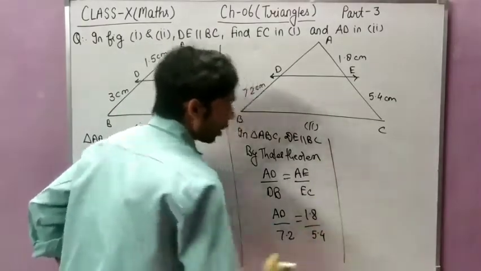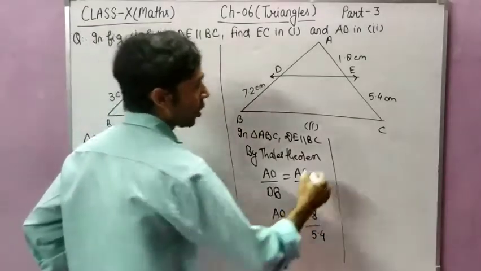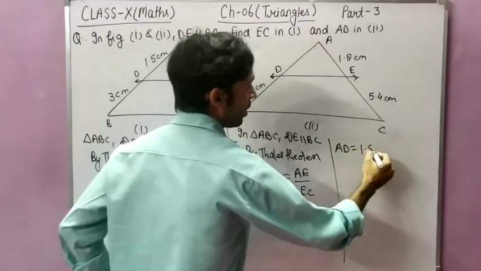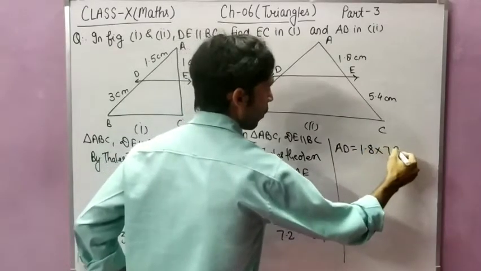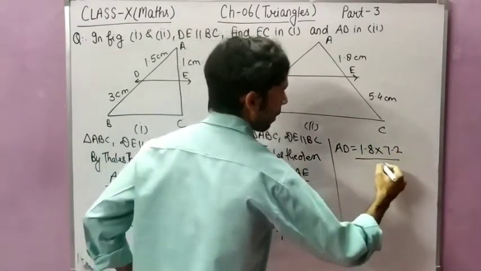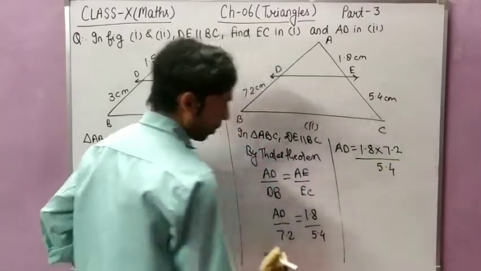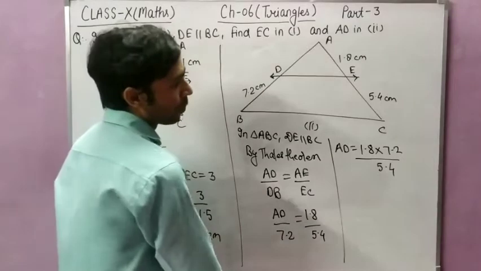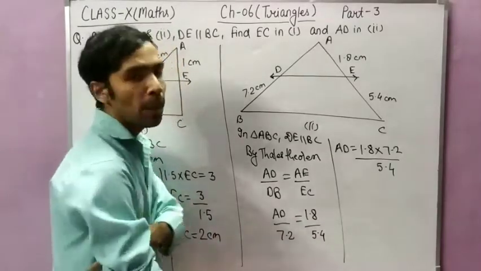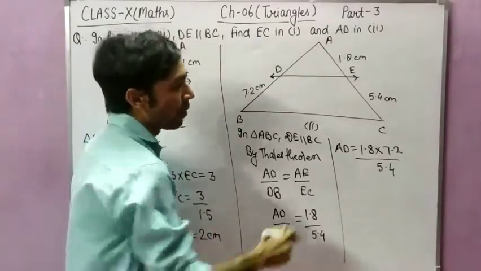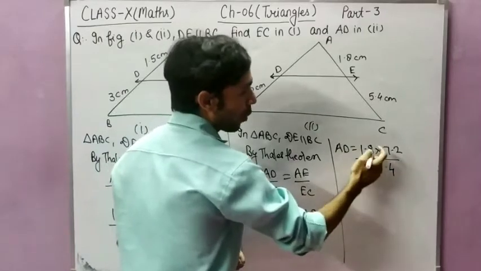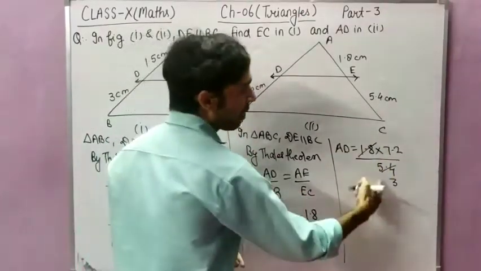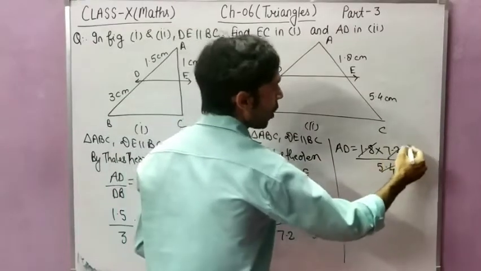Now do the cross multiplication, student. So AD is equal to 1.8 into 7.2 upon 5.4. This 7.2 will multiply to this side, so this will come. Now if you want to remove the point, student, see, 1.8 will cancel 5.4 3 times. And this 3 will cancel 7.2 2.4 times.